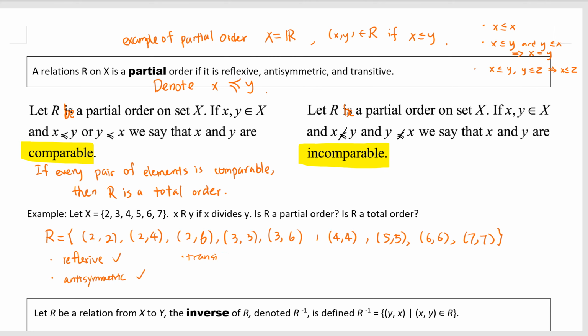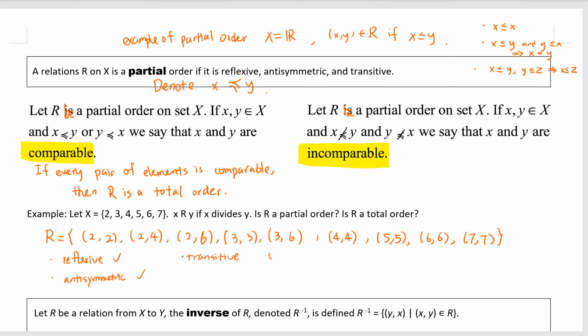Transitive. Here it is transitive because, even though we can only see (x, y) in R but no different (y, z) in R, that's okay.